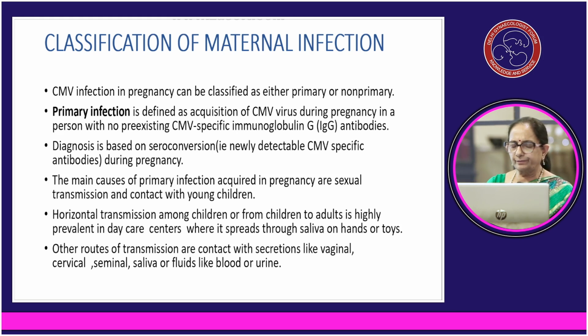The main causes of primary infection acquired in pregnancy are sexual transmission and contact with young children. Horizontal transmission among children or from children to adults is highly prevalent in daycare centers, where it spreads through saliva on hands or toys. Other routes of transmission are contact with secretions like vaginal, cervical, seminal, saliva, or fluids like blood or urine.